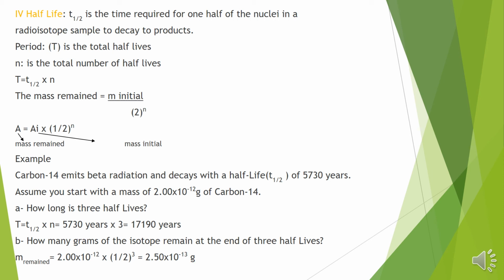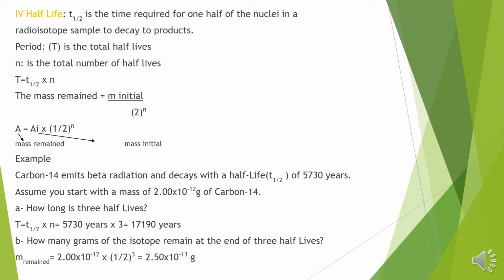Let's take an example to understand it more. Carbon-14 emits beta radiation and decays with a half-life of 5,730 years. Assume you start with a mass of 2.00 times 10 to the power minus 12 gram of carbon-14. The question here: how long is 3 half-lives?